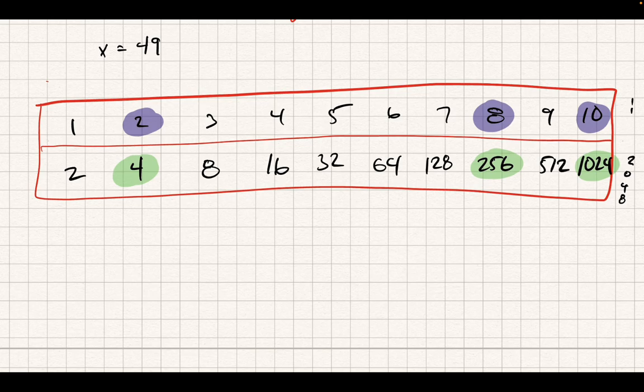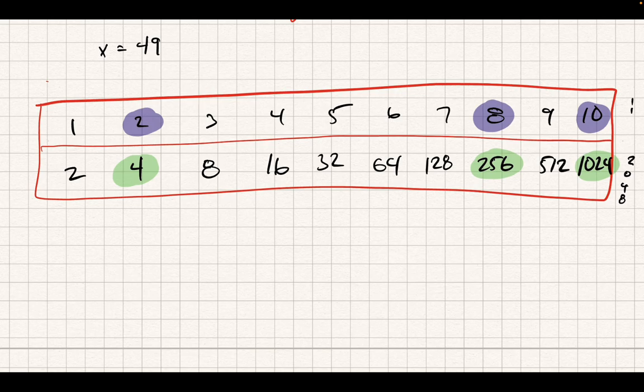So we subtracted 10 minus 8 to get 2, right? Can you check the other way? 2 plus 8 is 10. You multiply 4 times 256. What do you get?